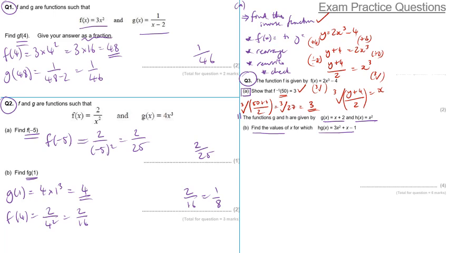The first thing you're going to do is to find h of g of x. I don't just mean look at it and go, there it is. I mean to use our two functions here to work it out. We're then going to form an equation because it's going to be equal to this.